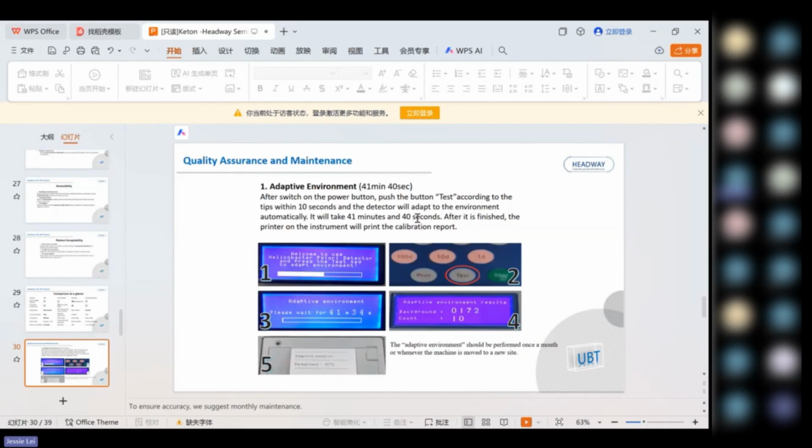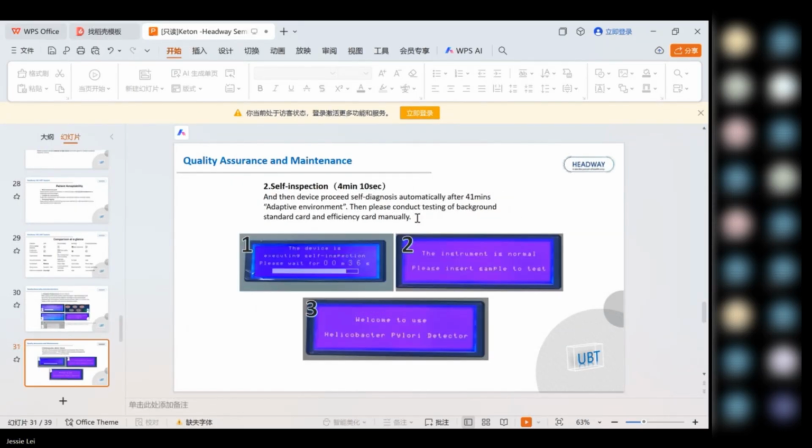After finishing this procedure, our machine will print a report. And after the adaptive environment, the device will proceed with self-inspection automatically. It will take 4 minutes and 10 seconds.